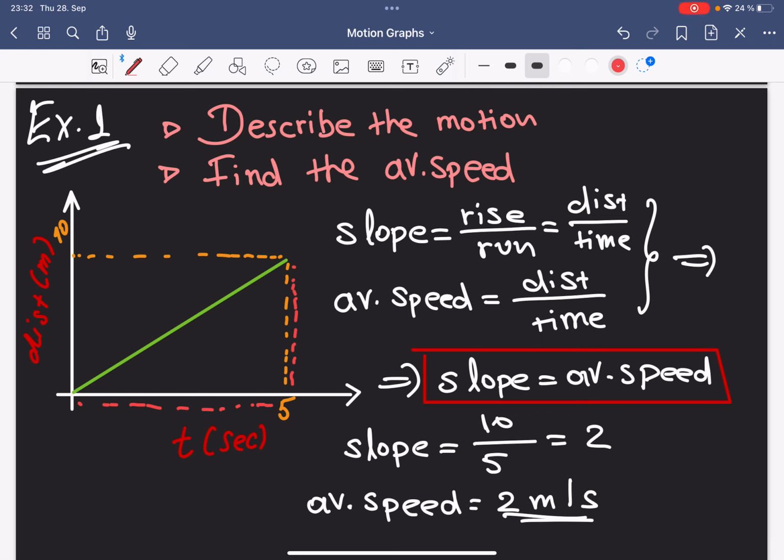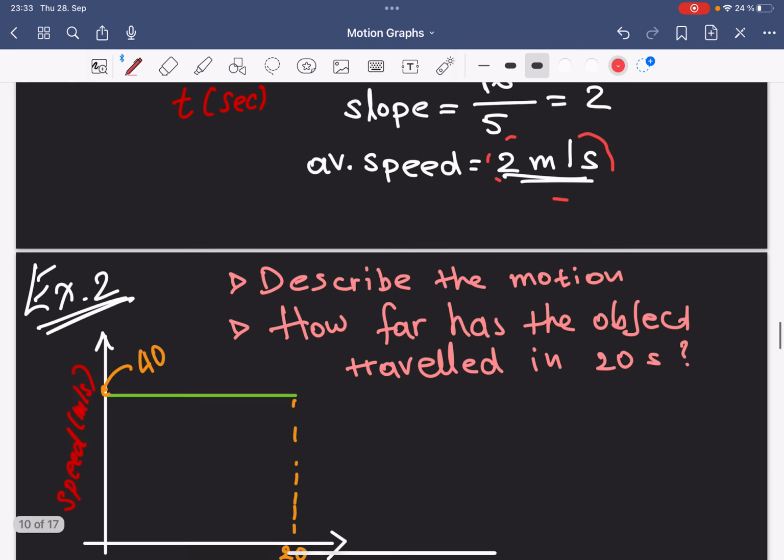Now we also know from theory that the average speed is defined as distance traveled over time. So combining these two relationships, we can conclude that the slope is going to give you the average speed, and the slope in this graph is going to be 10 over 5, rise over run, and that's 2 meters per second. Quite easy, I hope.